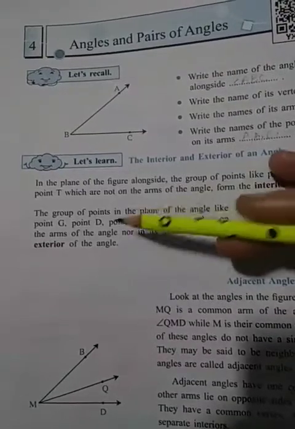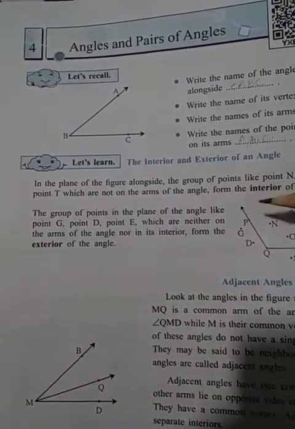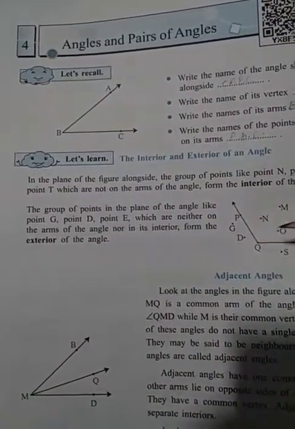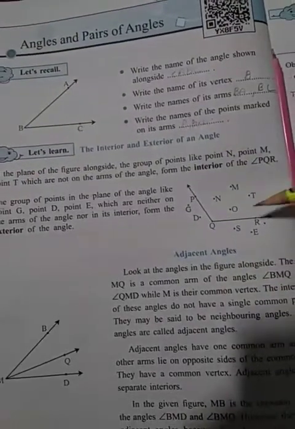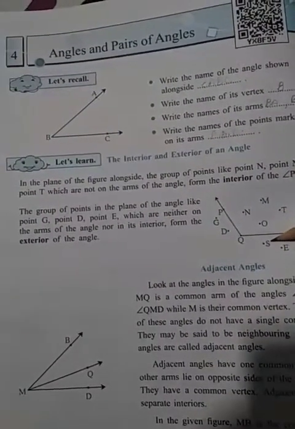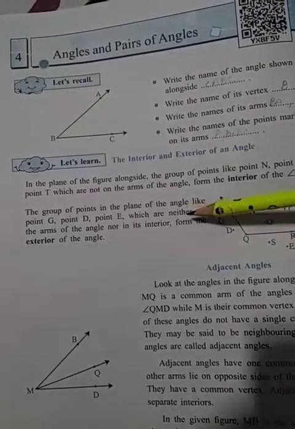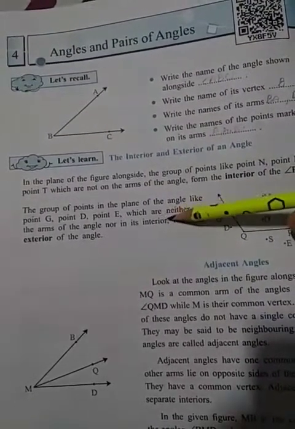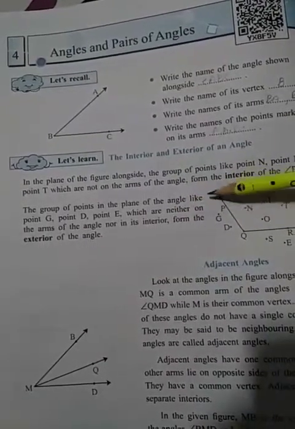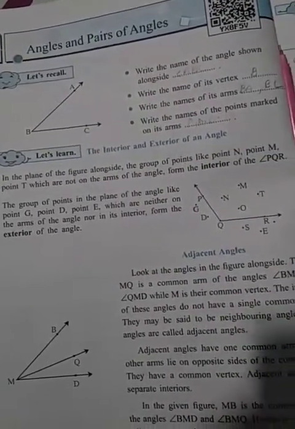See, the group of points in the plane of the angle, like point G, point D, point E, which are neither on the arms of the angle nor in its interior, form the exterior of the angle.